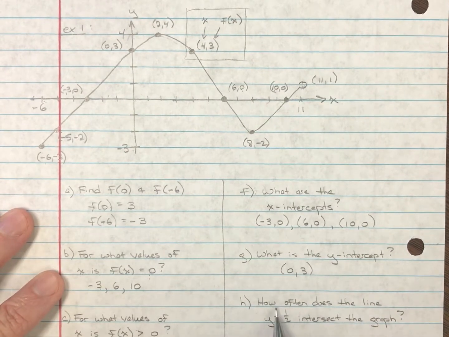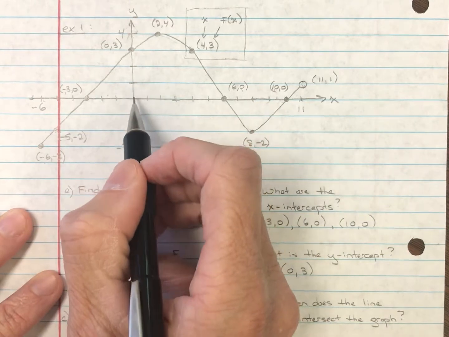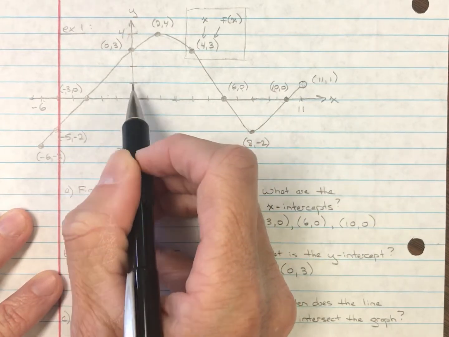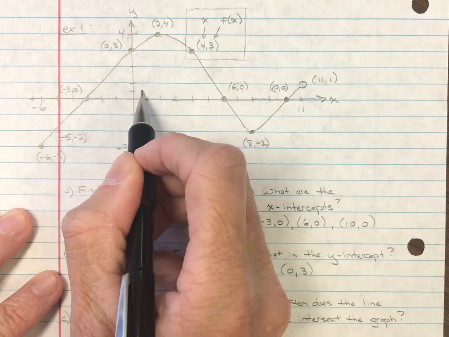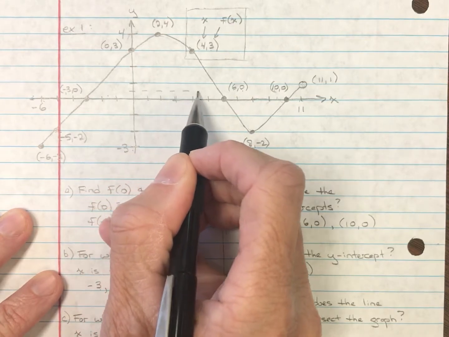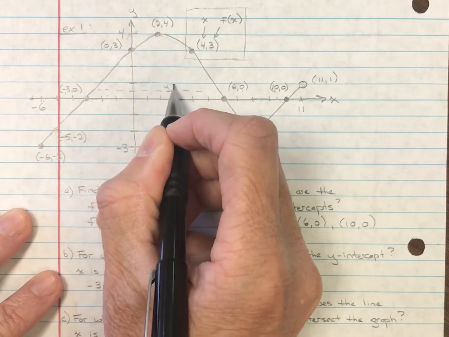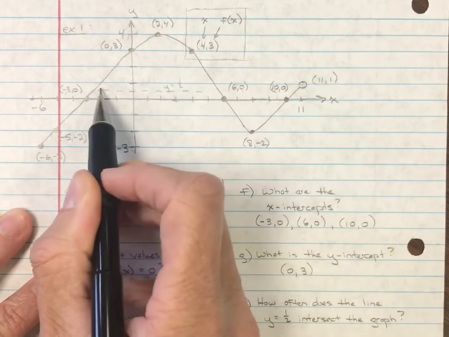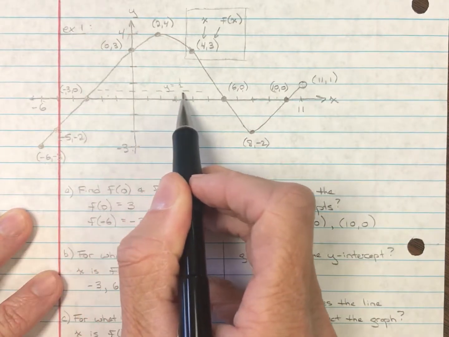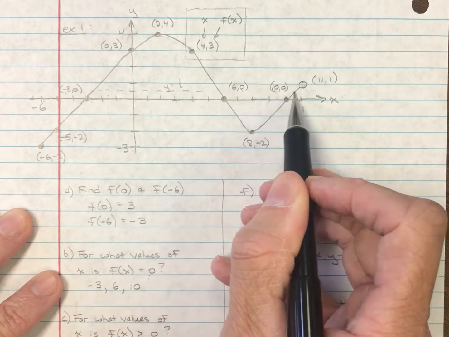Letter H. How often does the line y equals 1/2 intersect the graph? Here's y equals 0. Here's y equals 1. So the line y equals 1/2 is right there, between 0 and 1. Every point on this line has a y coordinate of 1/2.